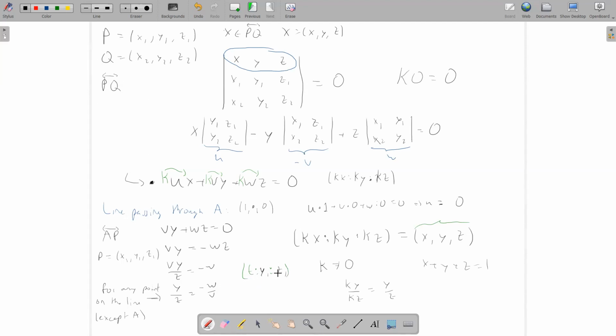And so what this is saying, this parametrization of the Cevian through A that passes through P, is that, homogeneously, these two coordinates are always in the same proportion. And the first one doesn't matter. And the proportion they are in is the same proportion as the point that the line goes through.